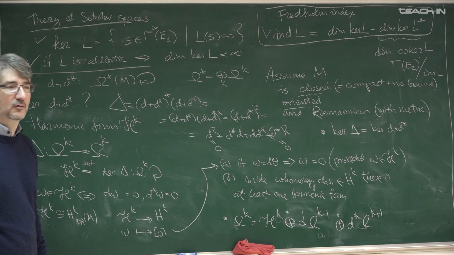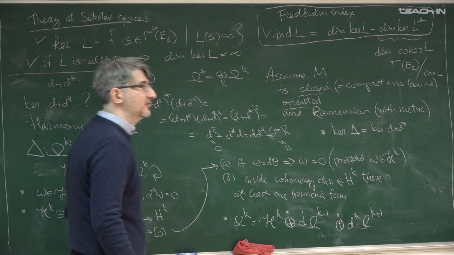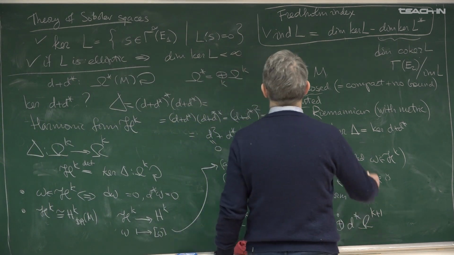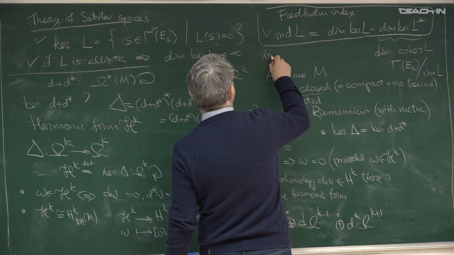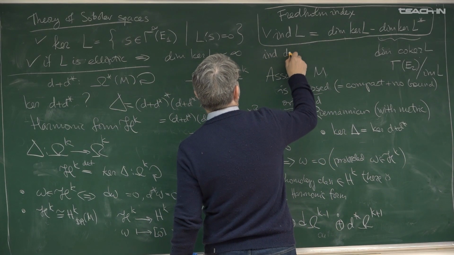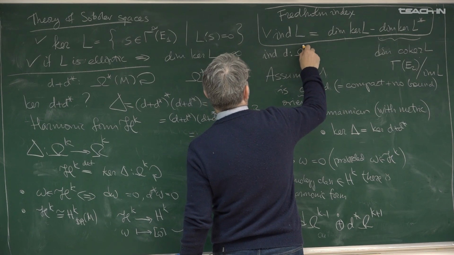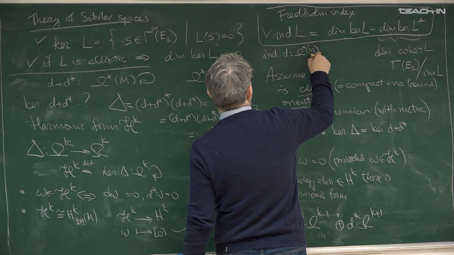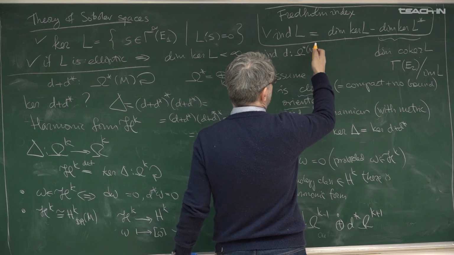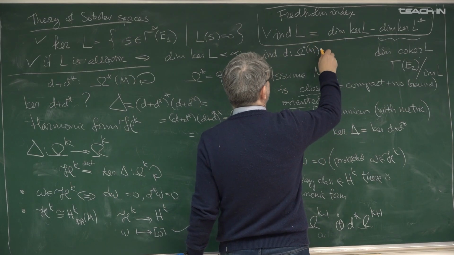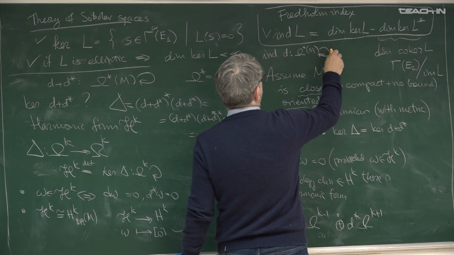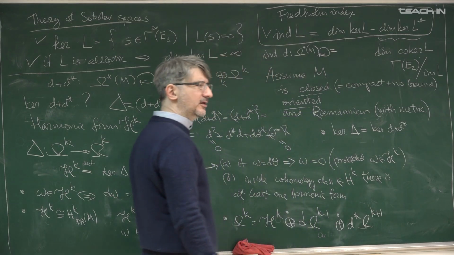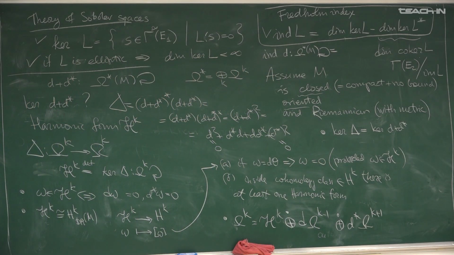Gentlemen, no ladies, so gentlemen, tell me please, what is an index? Let me write the index of d which acts on this. So this is a space of sections of some vector bundle. You can calculate it. Oh, sorry, not d.